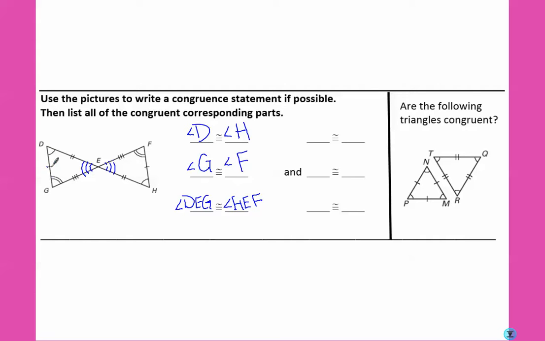Side DG has one tick mark, and so does side HF, so they are congruent. Our markings also tell us that DE is congruent to HE. And finally, EF is congruent to EG.